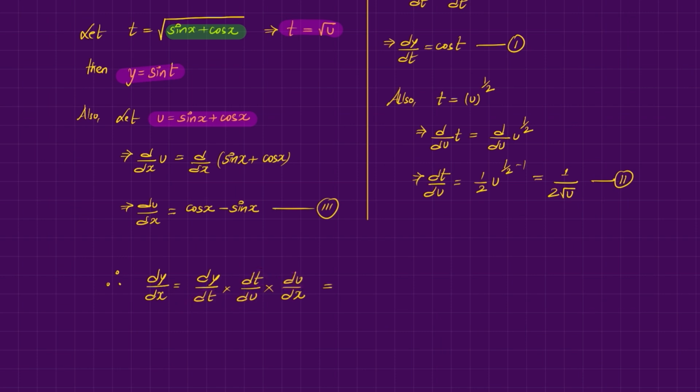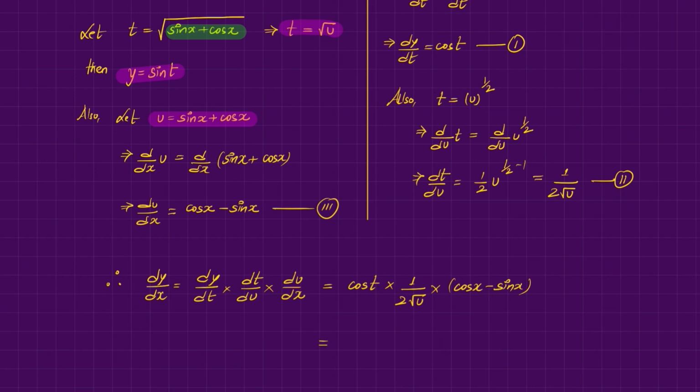And dy over dt is cos of t, into dt over du, which is 1 over 2 root u, into du over dx, which is cos of x minus sine of x. So finally we will replace all the values of u and t.